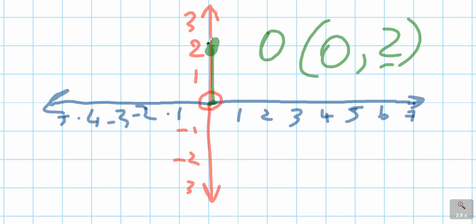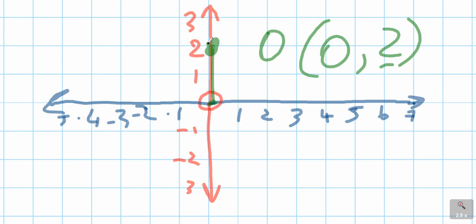It's just lying on the y-axis because I make no movement on the x, only on the y. So my point will be located at 2 on the y-axis.